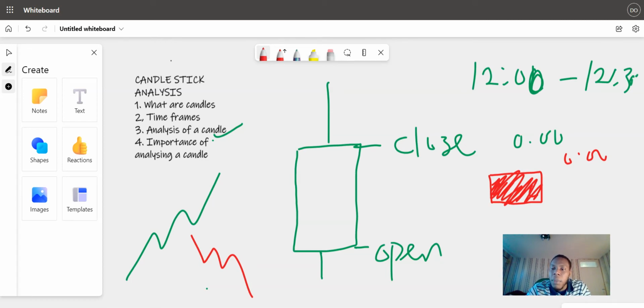Then price became minus 0.01, minus 0.02, minus 0.03. Price was going down. That's what started happening. Then let's say at 12:09, buyers came in and they started pushing back the market up.